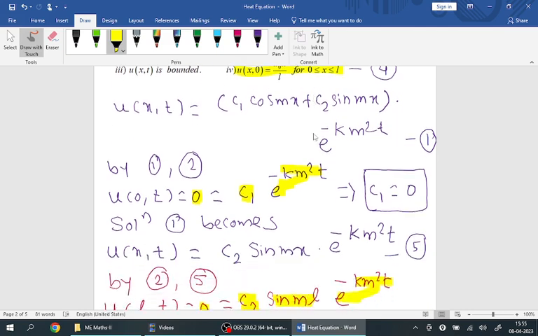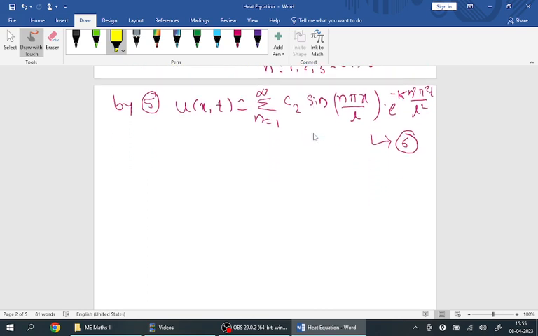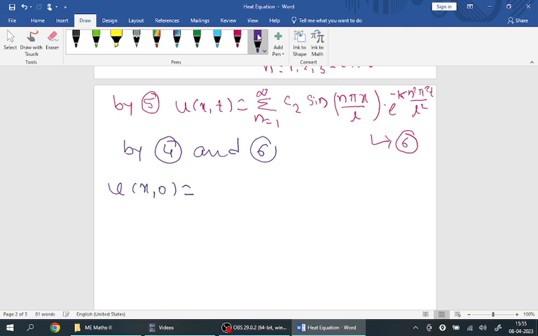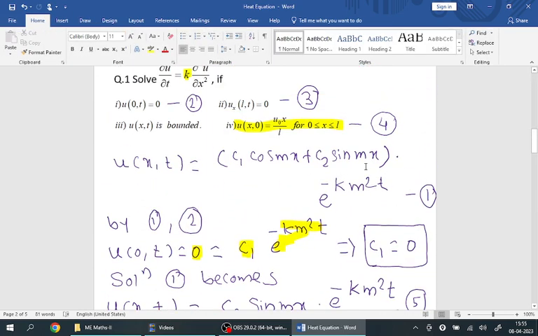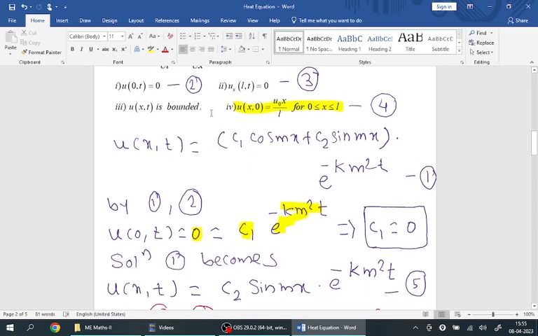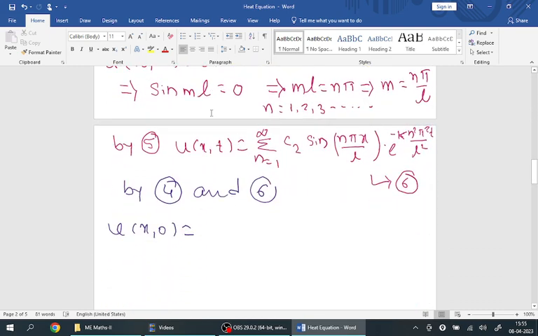So by 4 and 6, we have u of x,0 is f of x, and in this case f of x is u0 x upon l, where u0 and l are constants.